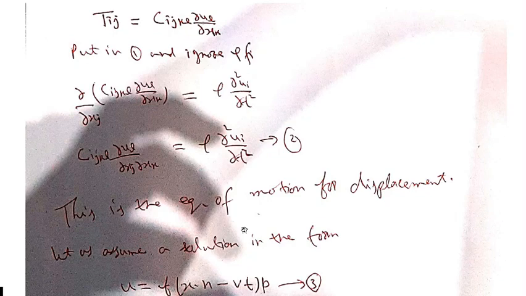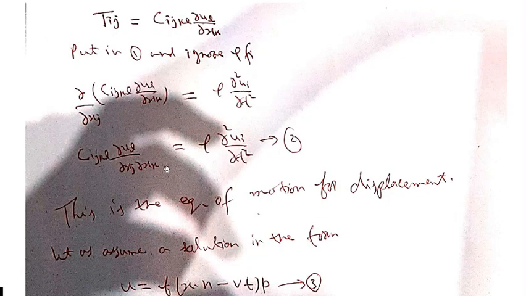And what is displacement? U is the displacement, and it has components U1, U2 and U3. And you can see that j, k and l are dummy indices in equation number 2, and i is free. So you have 3 sets of equations from equation number 2, for U1, U2 and U3.